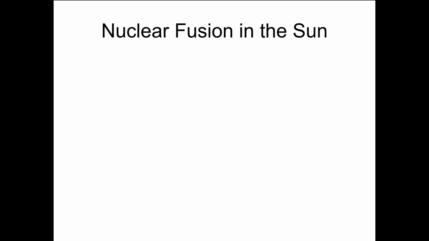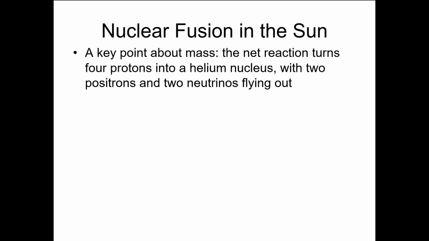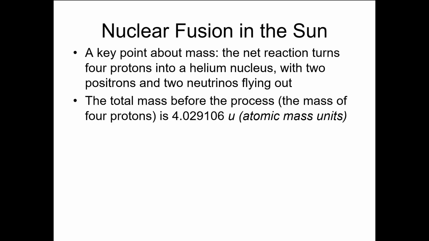Now, a few facts about the nuclear fusion. A key point about mass: the net reaction turns 4 protons into a helium nucleus with 2 positrons and 2 neutrinos flying out, as well as gamma ray photons. Now, the total mass before this process, the mass of 4 protons, is 4.029106 U, and U is the symbol for an atomic mass unit.